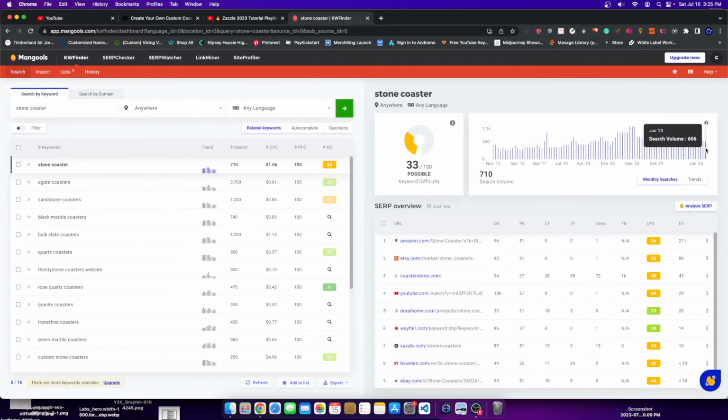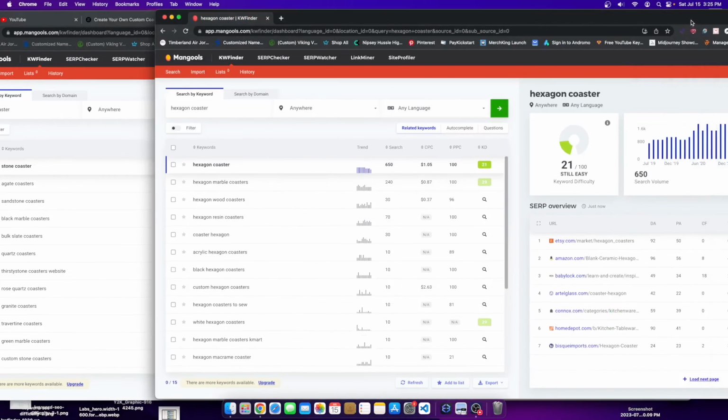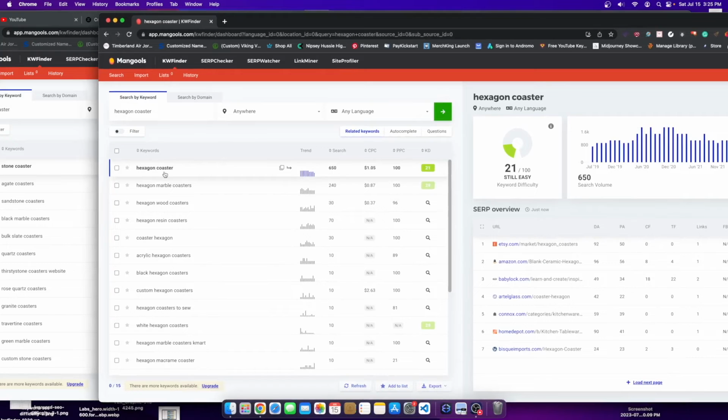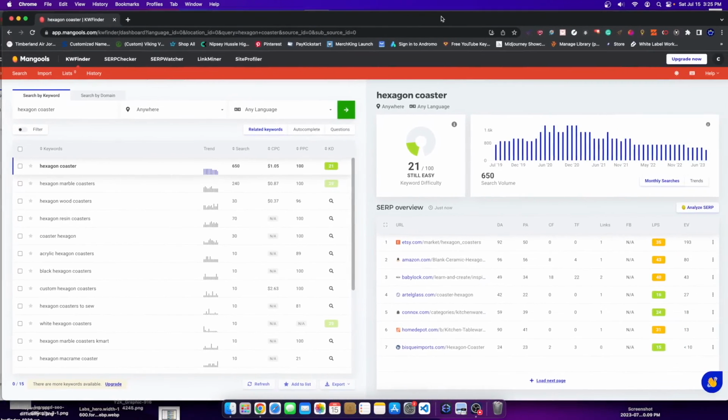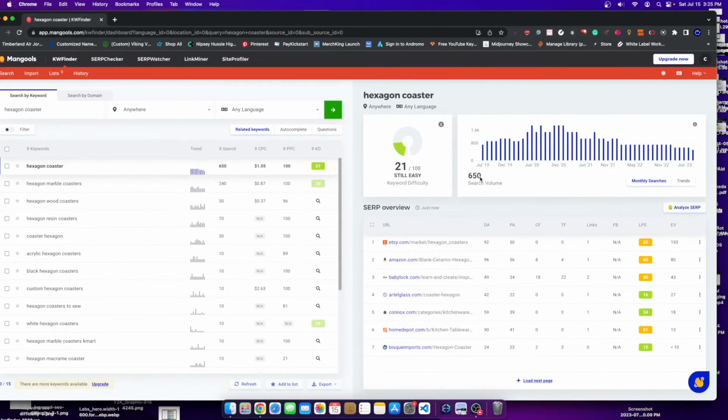This last month here was at 606 searches a month. The average search volume is 710 searches a month. If we look to the other keyword representing the hexagon coaster, well, we can see that it's actually lower. 650 is the average. And in fact, last month, 480 searches for the keyword hexagon coaster.